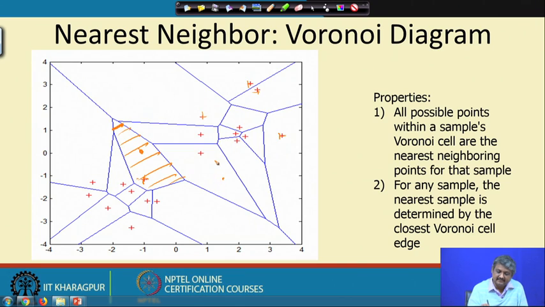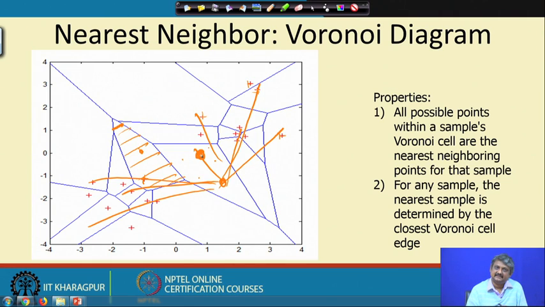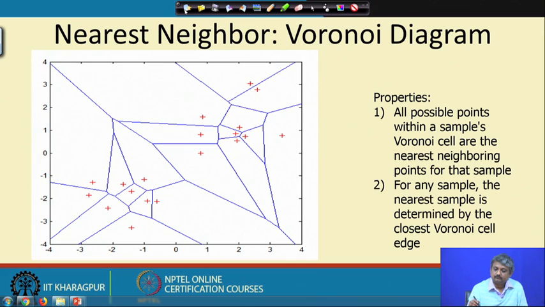So, if you take any point here, suppose I take this point and you take the distance to all the training points, the closest would be the representative point of that cell. If we look at it the other way round, given every point, you define its Voronoi cell to be all points whose nearest neighbor is this given point.